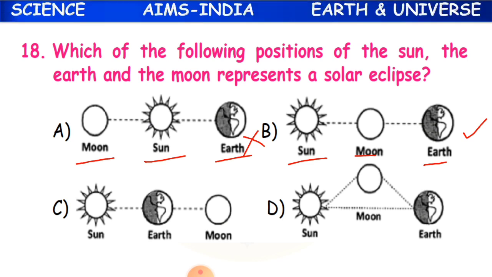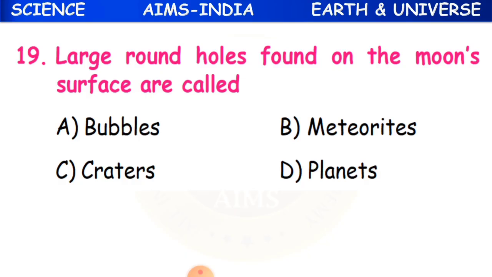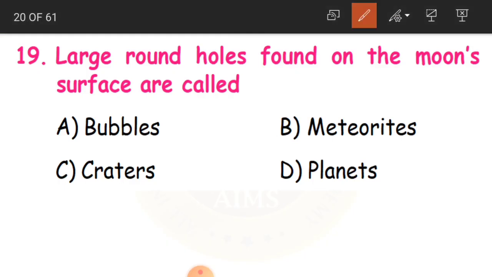Clear children? Now the 19th question. Large round holes found on the moon's surface are called what? I have shown you in the picture some celestial objects hitting the surface of the moon, and they form round holes.